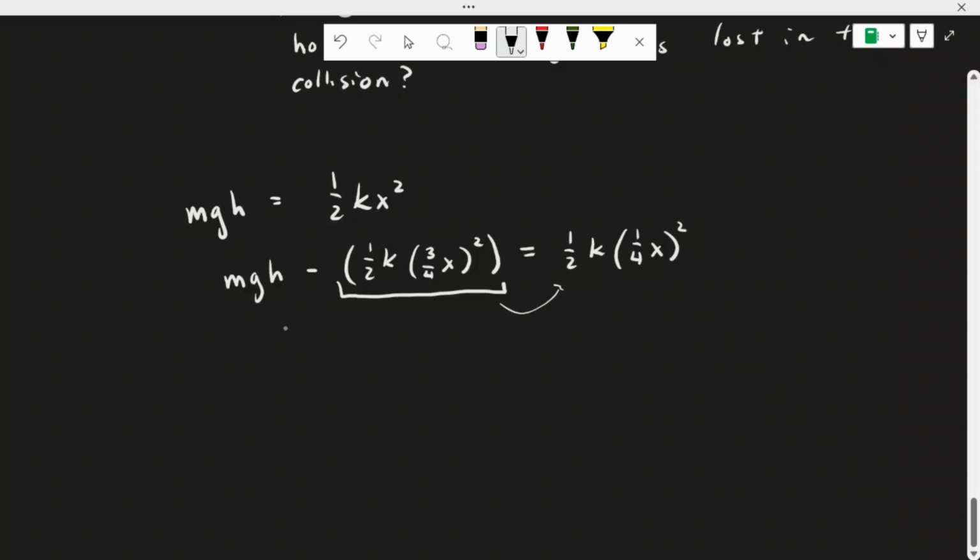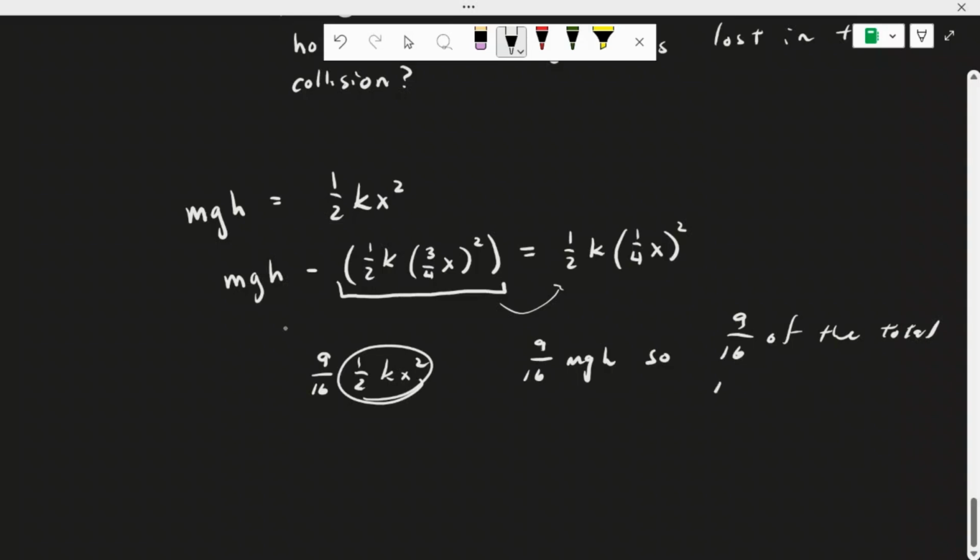But I know that this is actually something that I lost. So that's what they're looking for. So this would actually be 9/16 of 1/2 kx squared, and I know that 1/2 kx squared is mgh. So this would be 9/16 of mgh, so 9/16 of the total energy is lost.